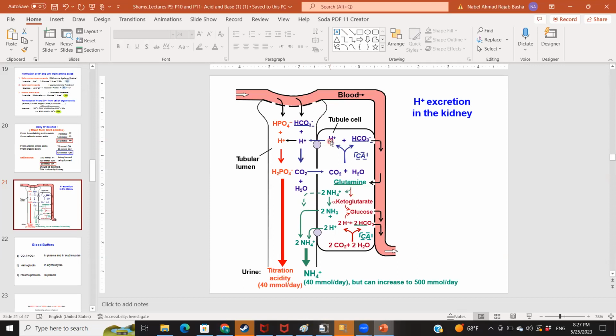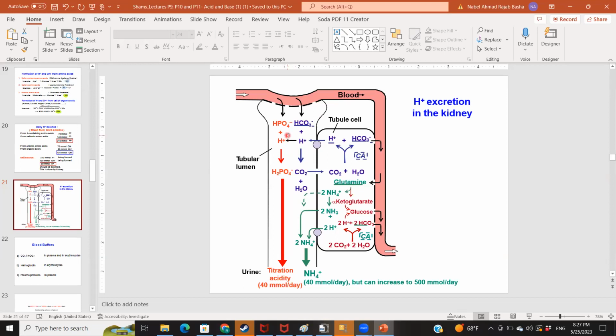Now, the issue is hydrogen will enter the urine, and the pH of the urine will become acidotic immediately, and there will be no room to accept more hydrogen. There will be no concentration gradient for hydrogen to move across the membrane from the intercalated cell to the urine. This is why we have buffers.